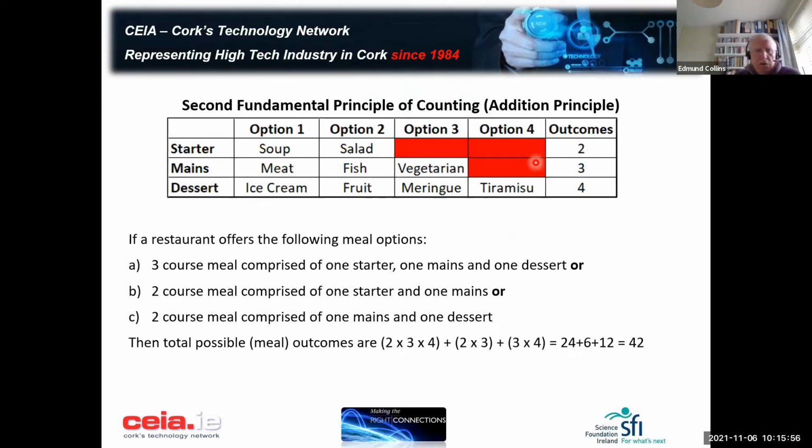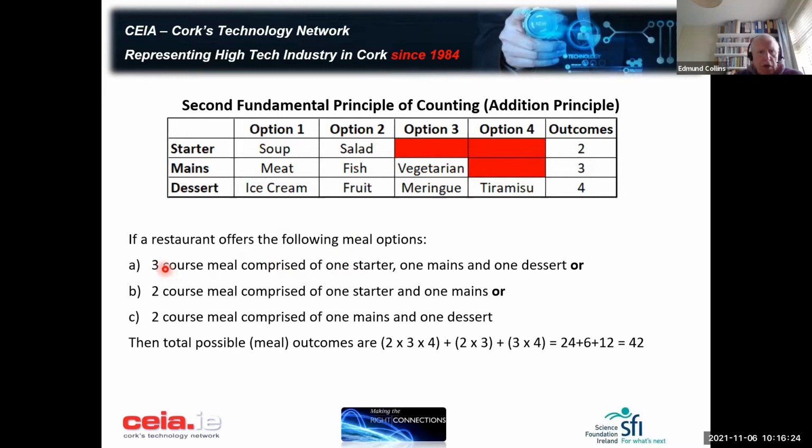Now, the second fundamental principle of counting is called the addition principle. So we're back to our same restaurant again, with the 2 starters, 3 mains, and 4 desserts. But in this case, the restaurant gives the customer some more options in terms of the types of meals.